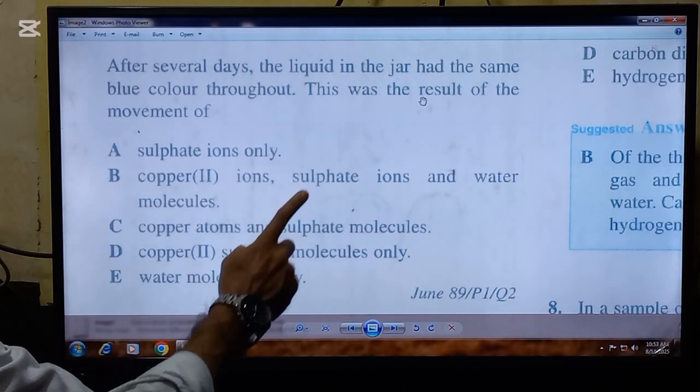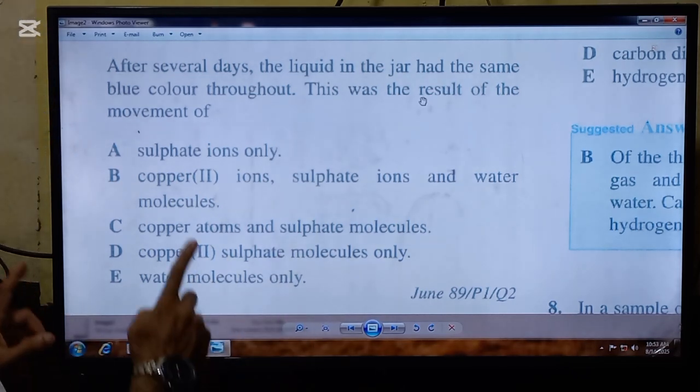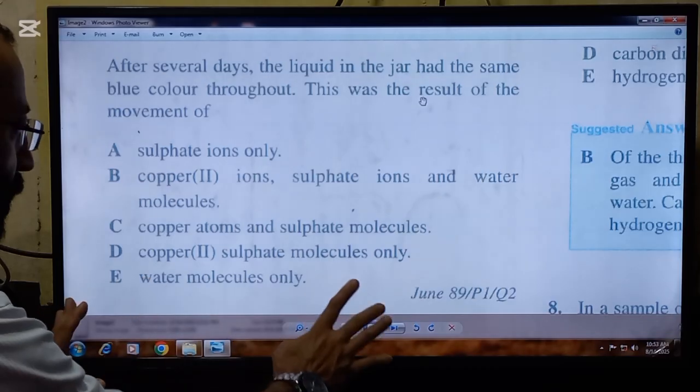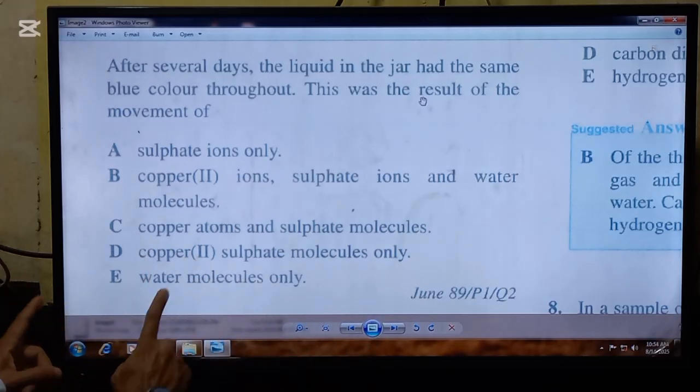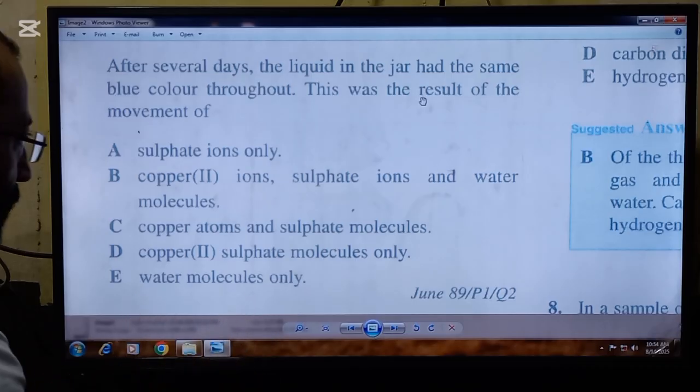C is the result of the movement of the copper atoms and sulfate molecules. D is the result of the movement of the copper sulfate molecules only. And the last option is the result of the movement of the water molecules only.